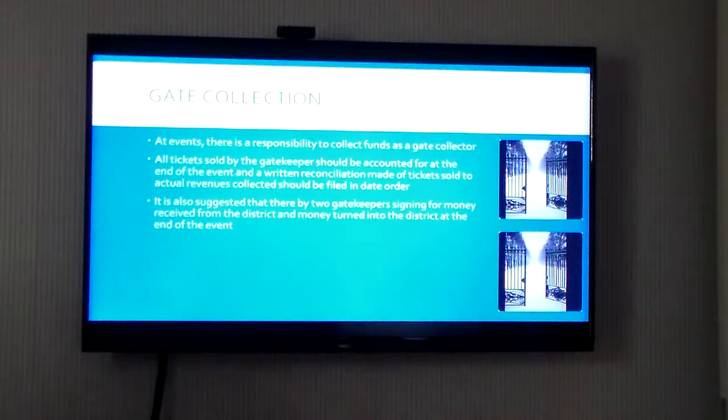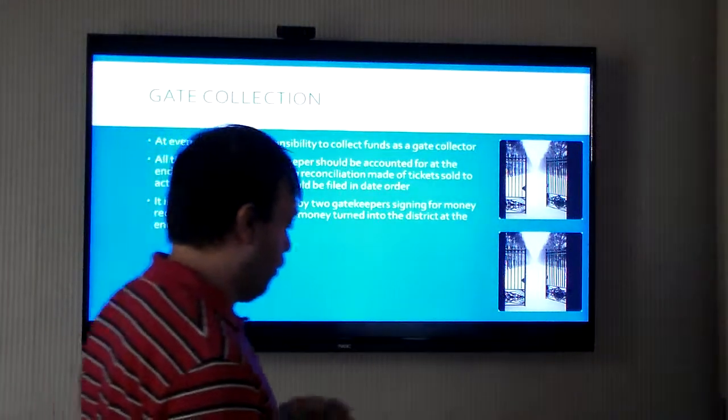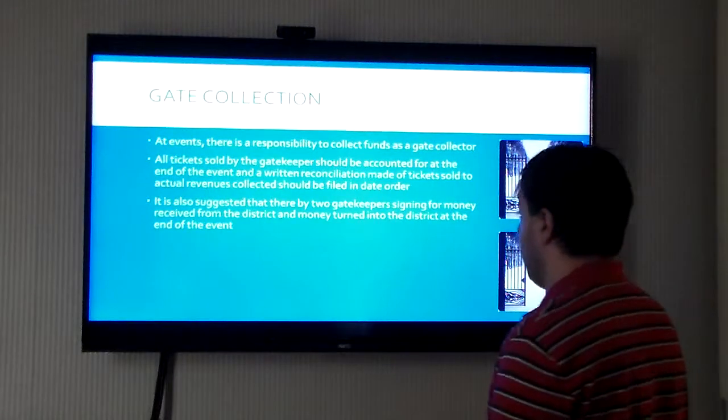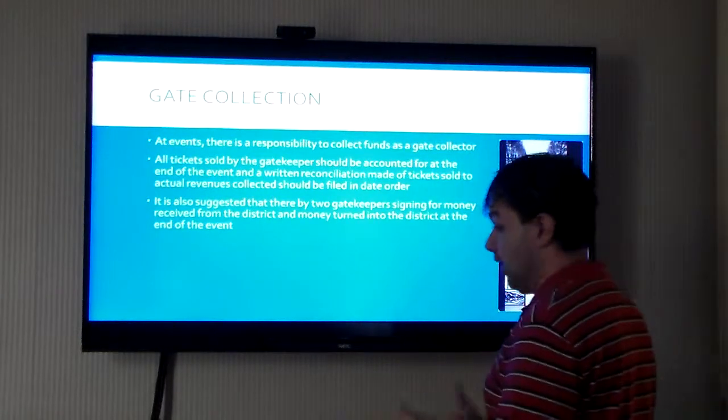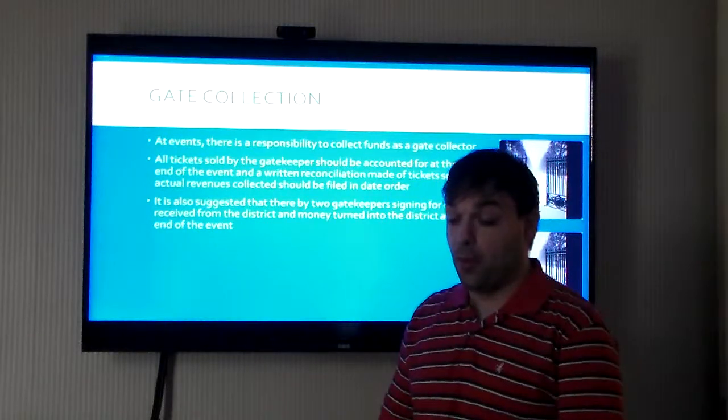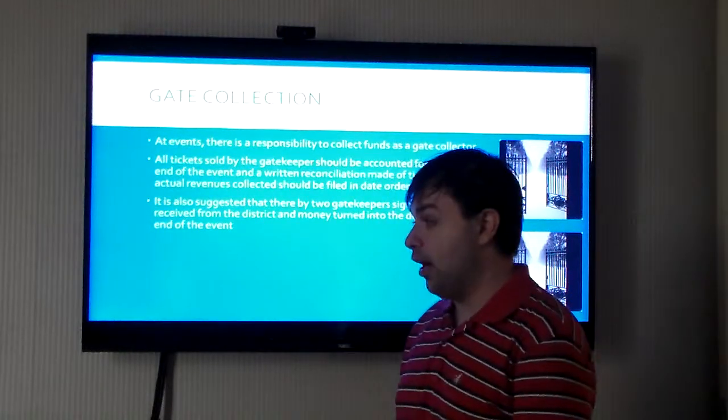So, gate collection. This is a big deal in Oklahoma because a lot of money will come in through athletic events and individuals going to athletic events, and it's a responsibility that supplies and promotes the activity fund in the school athletic program.